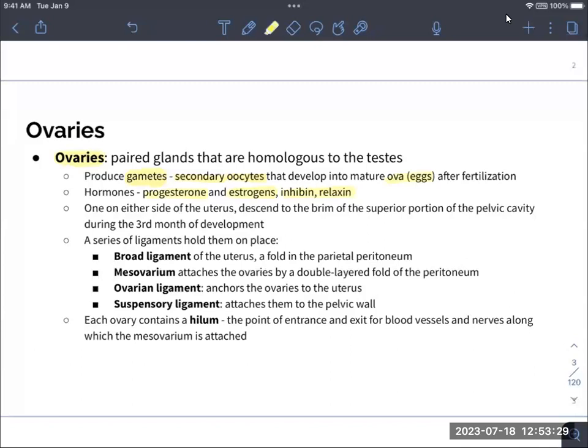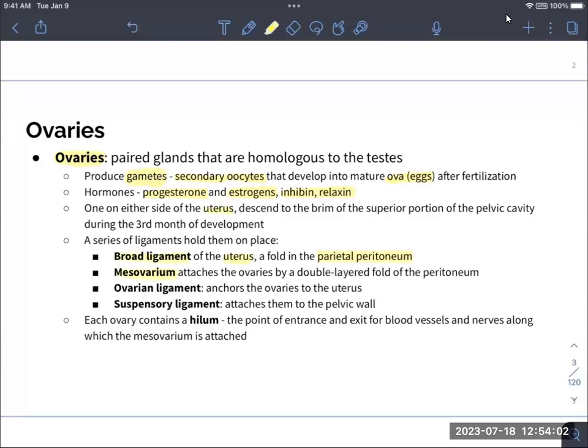Coming off of the ovaries, we have the uterine tubes that lead to the uterus. We have a bunch of ligaments that are going to help to hold both the uterus and the ovaries in place. The broad ligament of the uterus is actually part of that parietal peritoneum that we had mentioned in the digestive system.